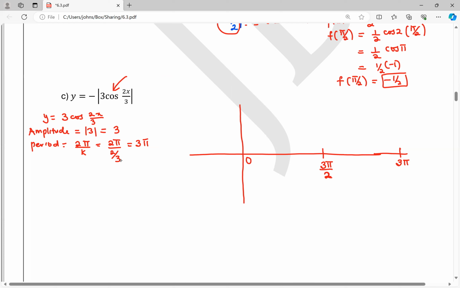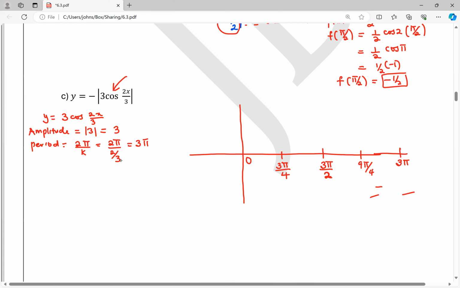Now the middle here will give you 3 pi divided by 4, right? And what will be this point? Here you can just add this one. So you can add 3 pi over 2 plus this one, which is the same thing as 6 pi over 2. Is going to give you 9 pi over 2 divided by 2 again. You're going to get 9 pi over 4, right?